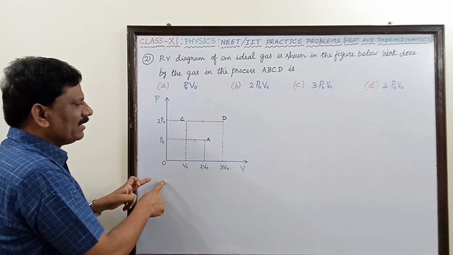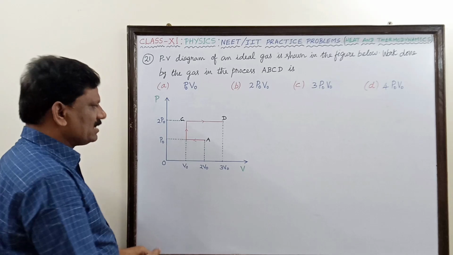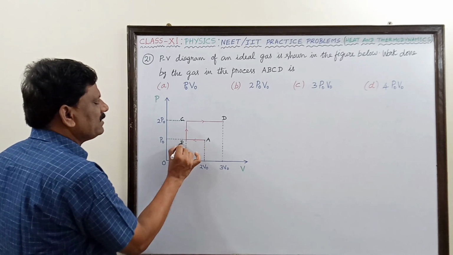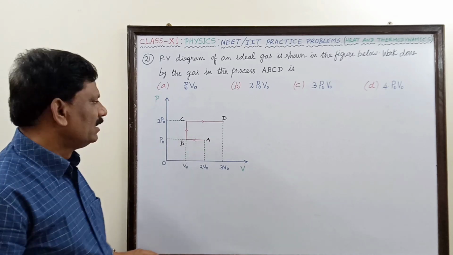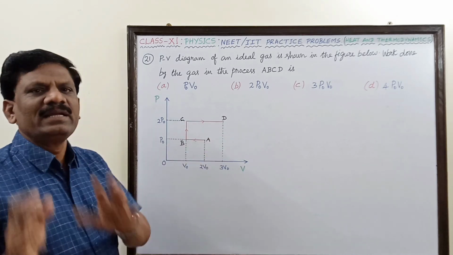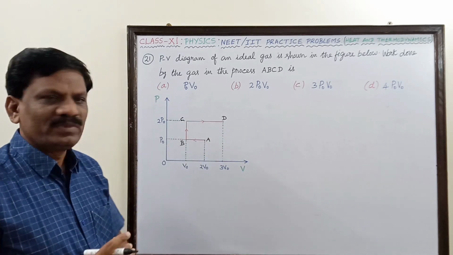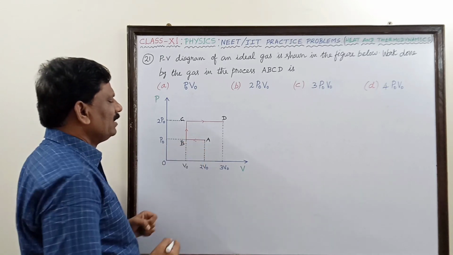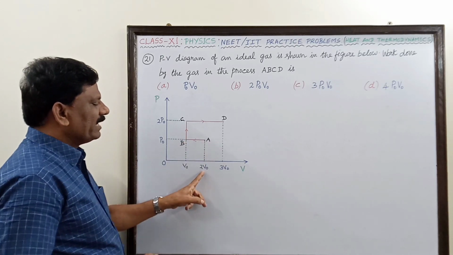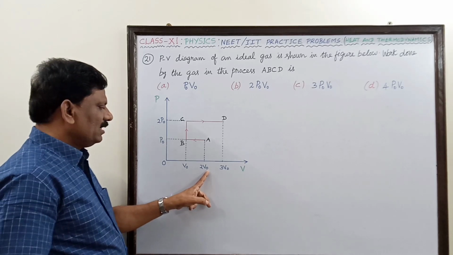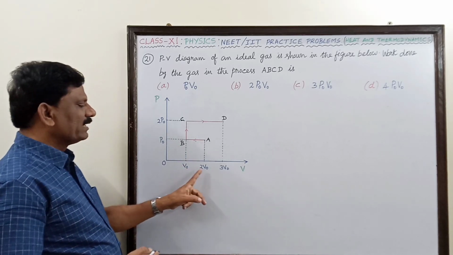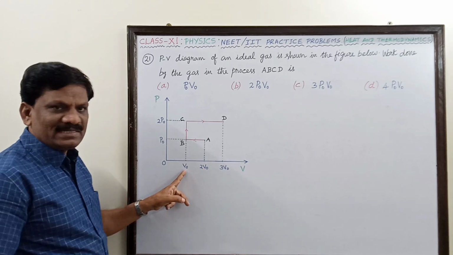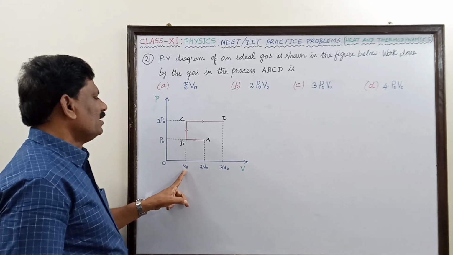In this indicator diagram, the gas starts from A and proceeds to B, then B to C, then C to D. So what is the work done in these three steps? In the first step, the volume of the gas goes from 2V0 to V0 at B. So the gas is compressed and the volume decreases.